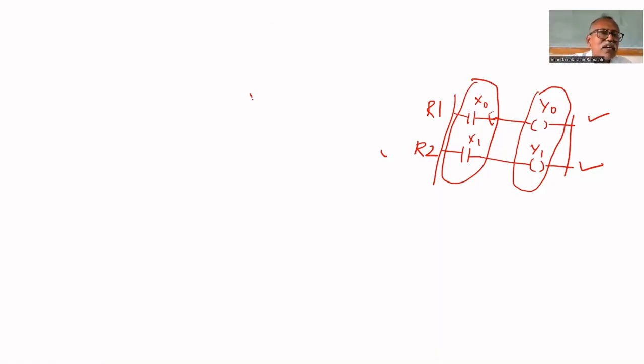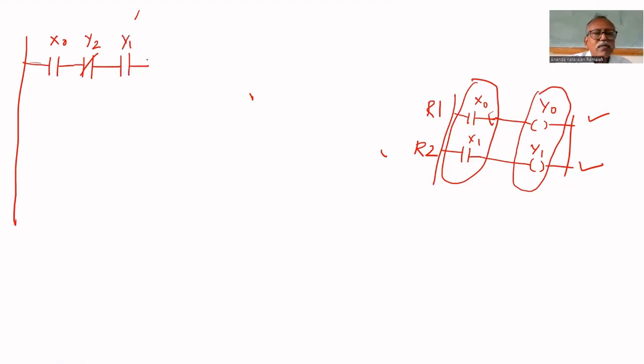For that, the first rung consists of one push button connected at X0. Then output Y2 is normally closed and Y1 is normally open. Then Y0. Then in the second rung, X0 is also there.